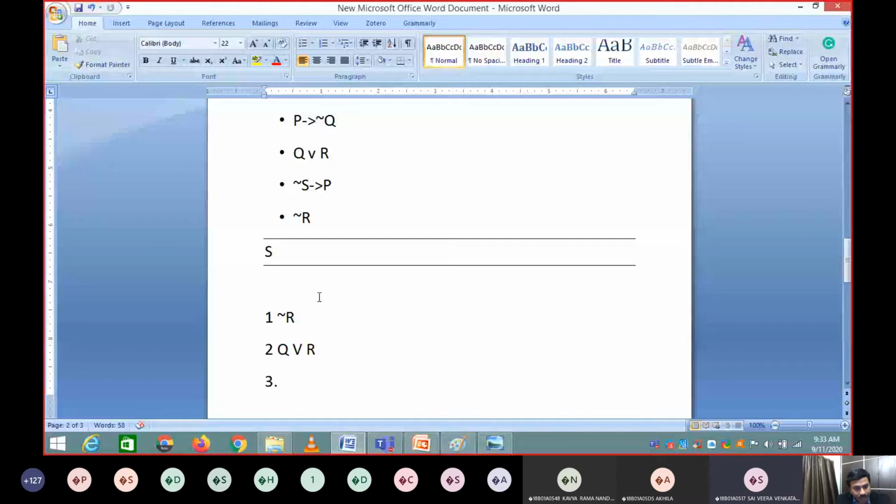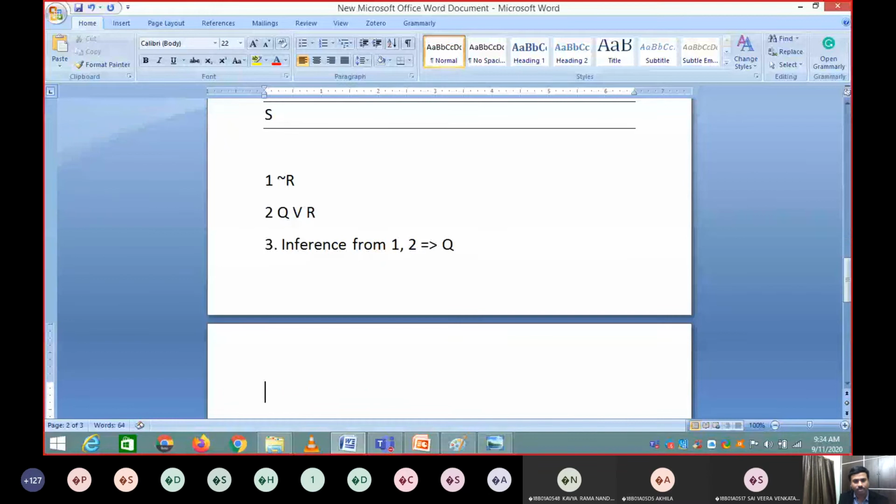Maybe, but what is the inference from 1 and 2? Q, sir. Yes. Whenever this type of inference question is asked, you can combine them by using resolution. So the inference you can get here is Q.